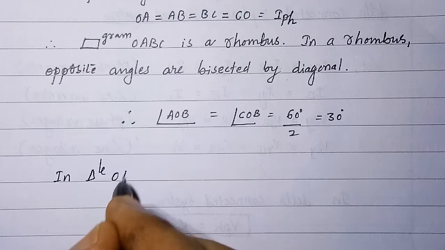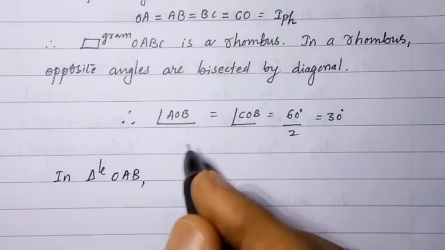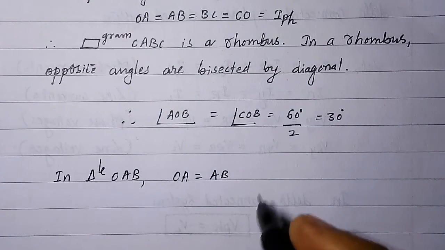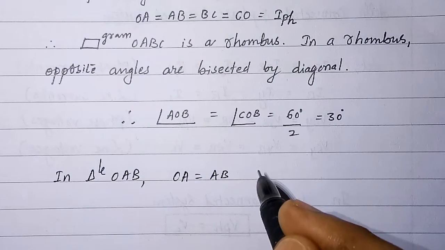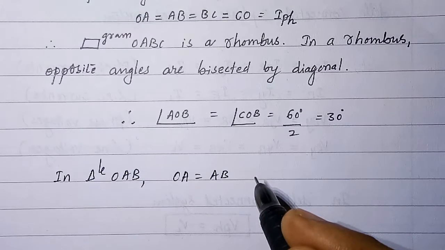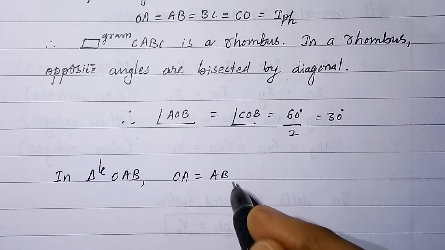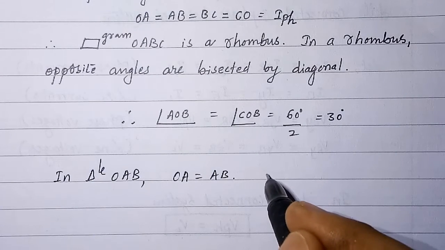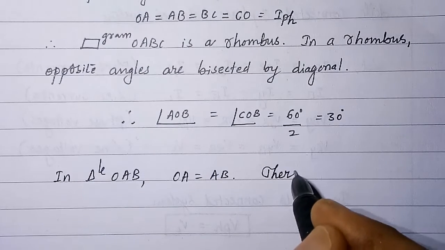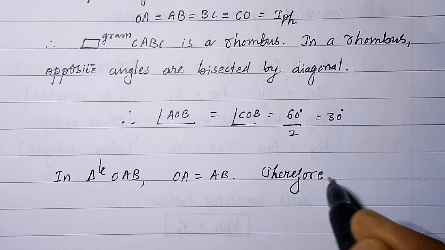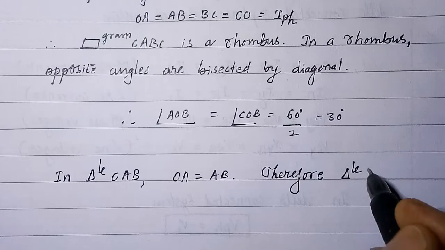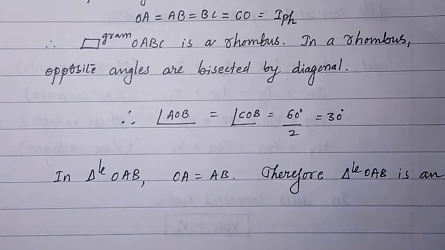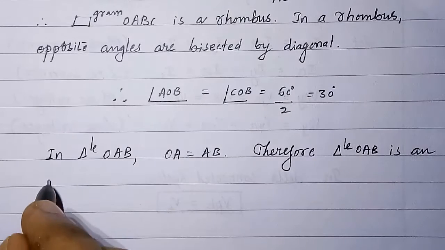In triangle OAB, OA is equal to AB. Therefore, triangle OAB is an isosceles triangle.